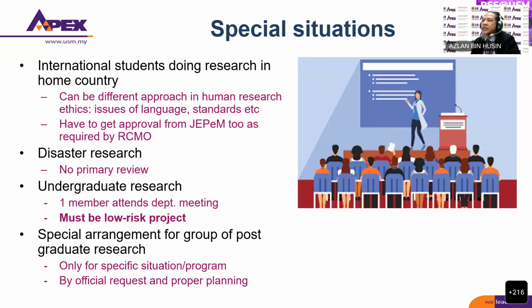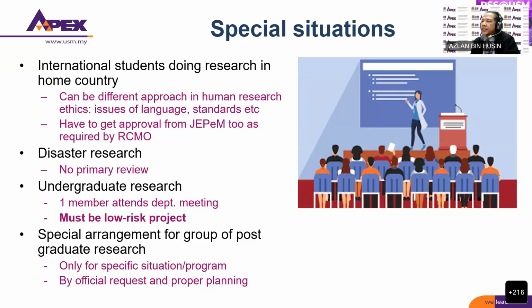It is important for the student's proposal to be reviewed by the supervisor and perhaps have a discussion at the department level before it comes to the so-called ethics committee review for undergraduate research. And even for postgraduate, for certain specific programs, like some of the master's programs that require mixed-mode research, for example, they have very limited time.